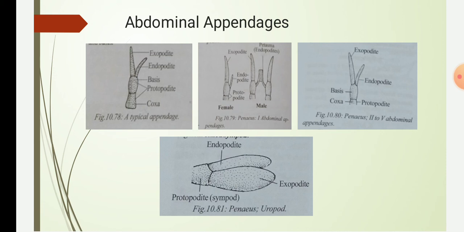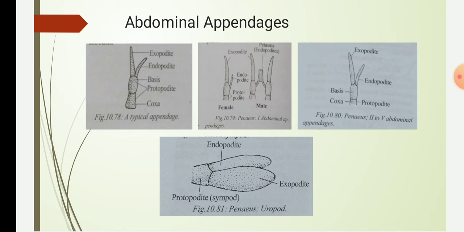The protopodite consists of basis and coxa, with the endopodite and exopodite. They are biramous, whereas the exopodite and endopodite are finger-like projections. So we'll just see the first abdominal appendage. It is like a typical appendage, and it is present on the first abdominal segment.